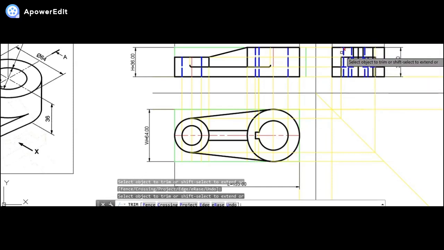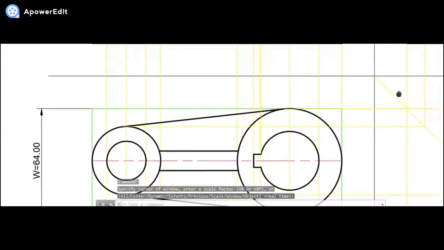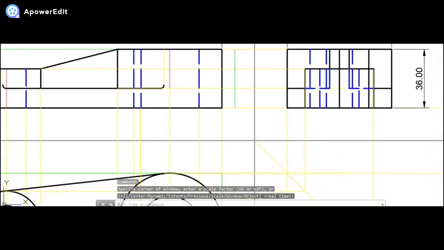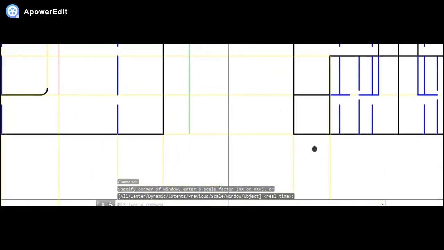Okay, even over here it is going to get trimmed. Okay, now I will be zooming it in, just zoom it in so that we can simply extend the line till this particular area.